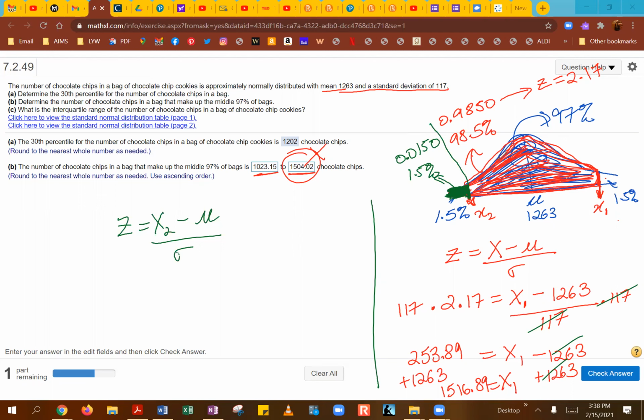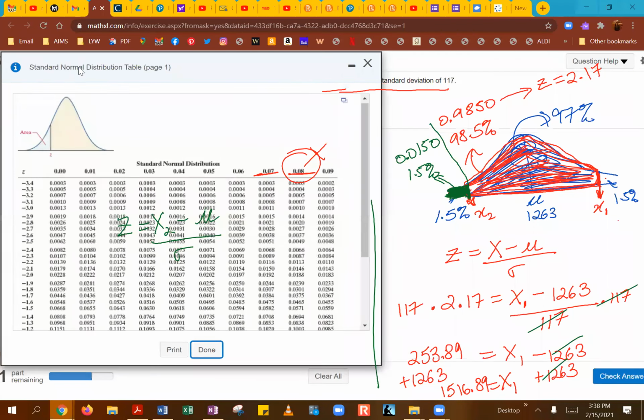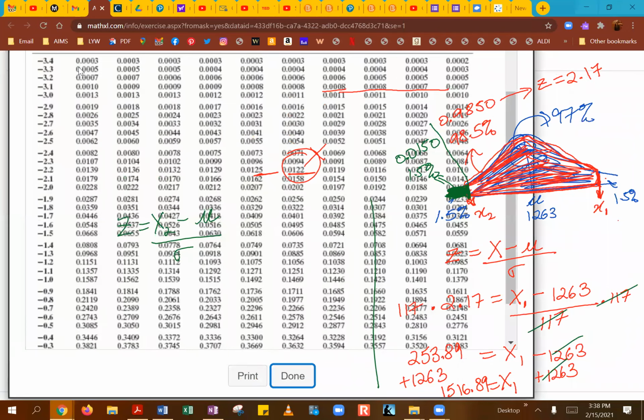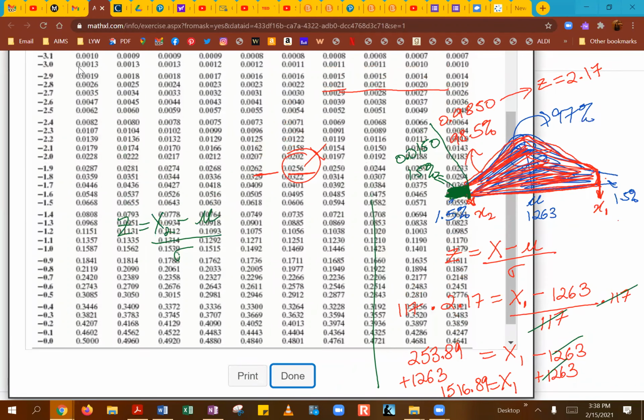So same thing like you did with the right-hand side, you will find 0.0150 on the table and then try to figure out what z-score it corresponds to. So this number being so small, I'm actually going to go to page 1 of our table and see what I can find. 0.0150.